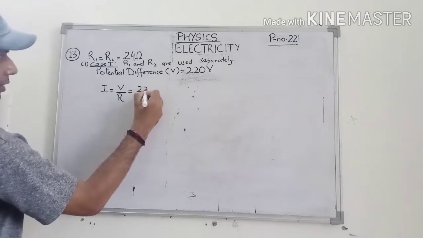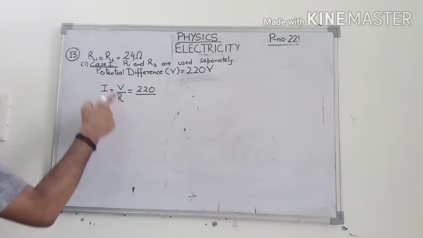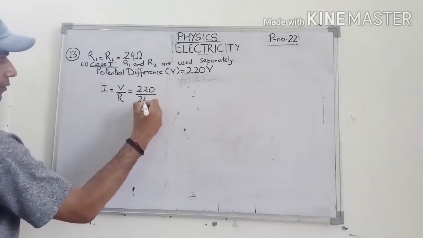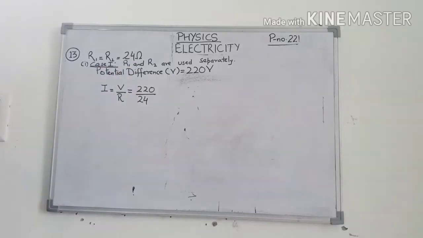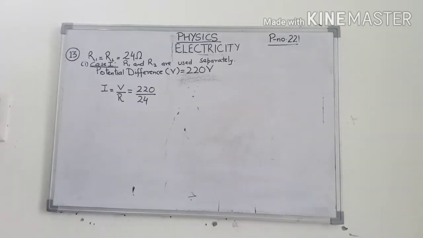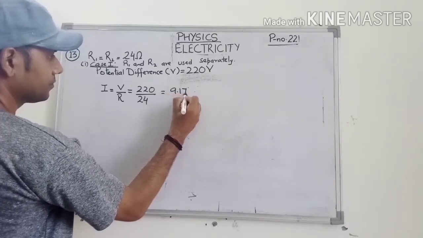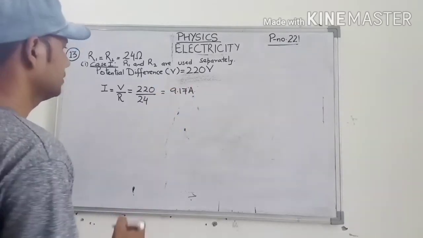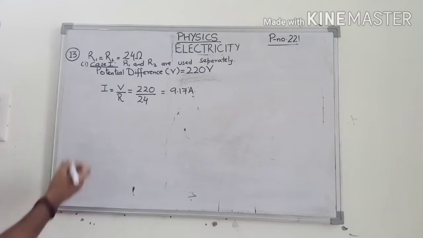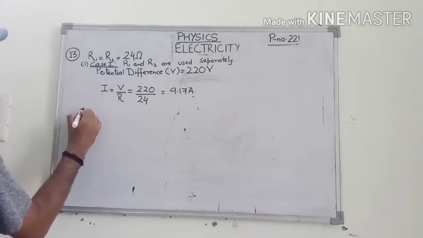It is 220 volts and resistance R, it is 24. Since both are the same, so simply you can write R. So dividing by 24, what you will get? 9.17 ampere. Clear? So we can write the statement over here.